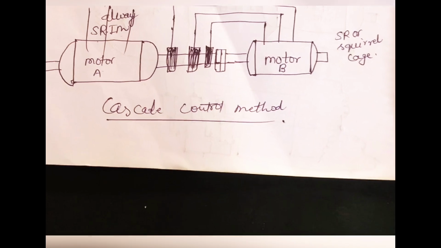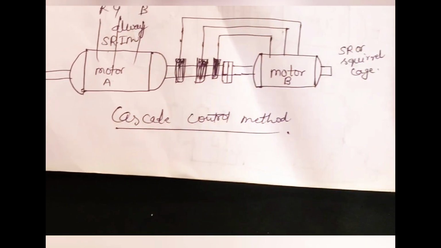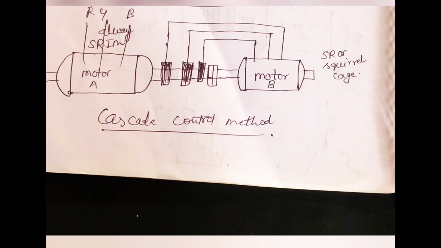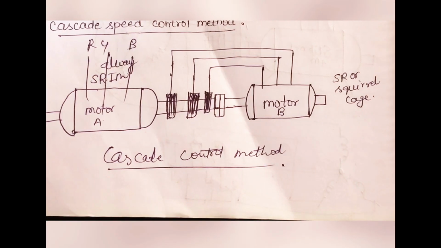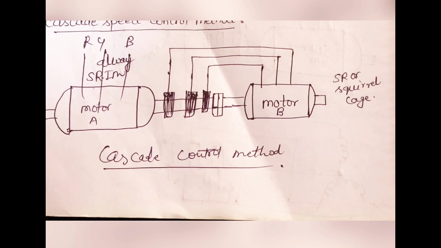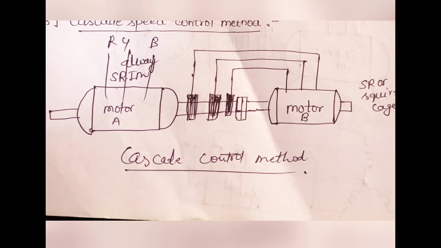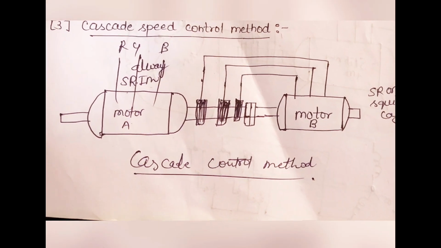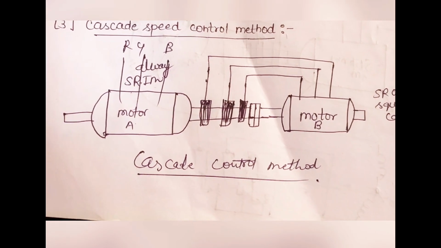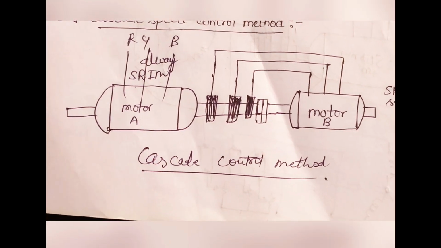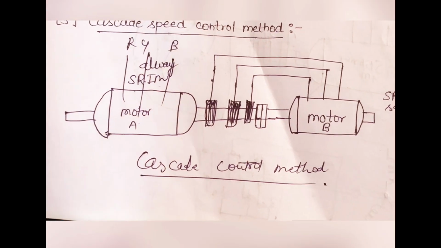We can get variable speed in steps or smoothly. The disadvantage of this method is that we have to use two motors separately, and the performance of the system is very low. There are two types of cascading, that is cumulative cascade and differential cascade.